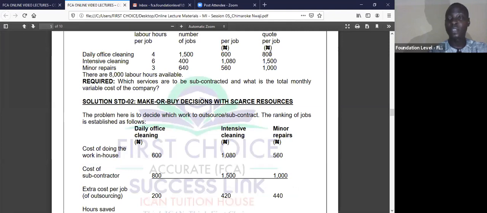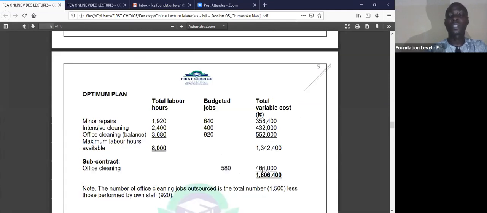So for the 580, what we do now is to look not at the variable cost, but at the cost of the subcontractor, because they're the ones doing it now. You will multiply by 800. That will give you 464,000.